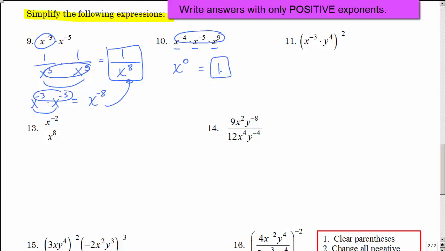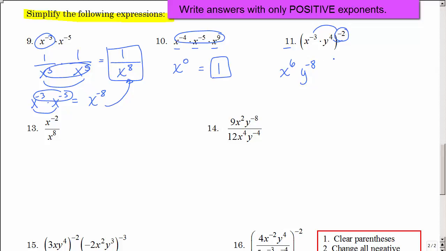That is 1. Let's look at number 11. We don't have any of the same base. Remember that rule? We had that kind of distributive property on those exponents. Same thing here. So I have x to the positive 6, negative 3 times negative 2 is positive 6, and y to the negative 8th.